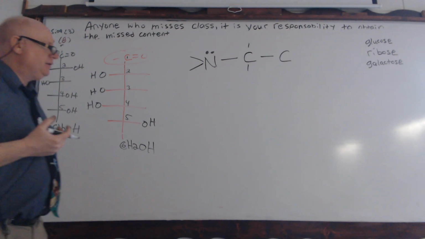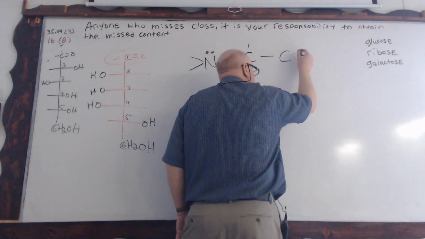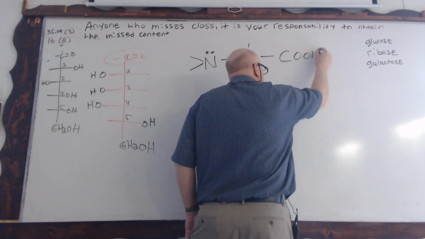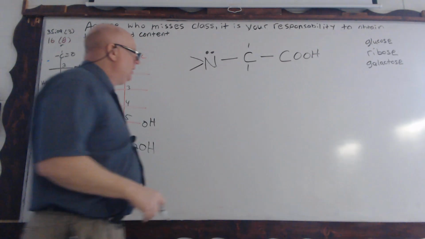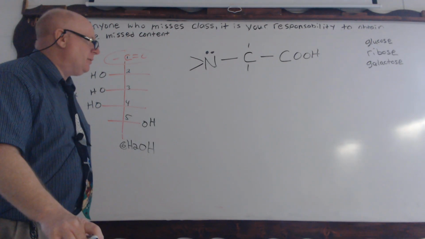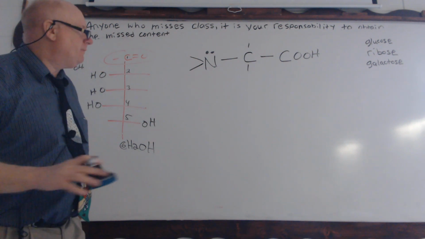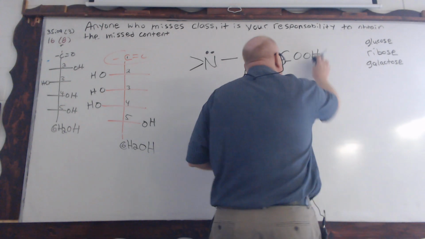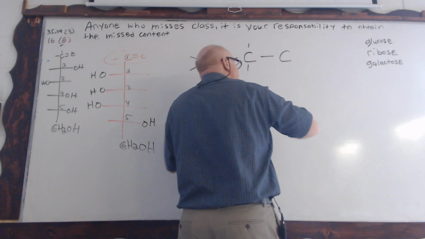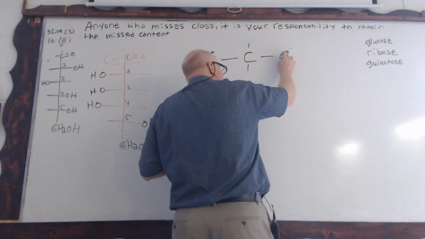It has COOH, which means you could do this at this level. But in the biochemistry class, we would not draw that like this, and this is why. Because that COOH means we still have to have 4 bonds to this.